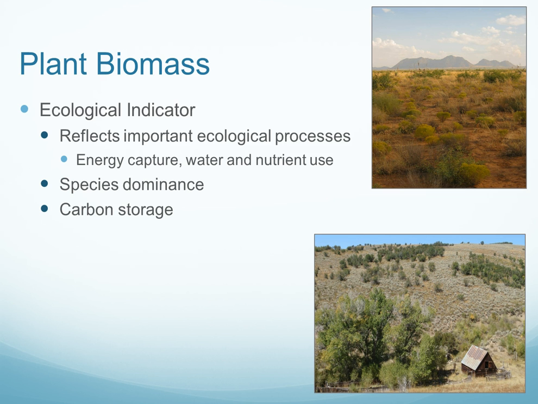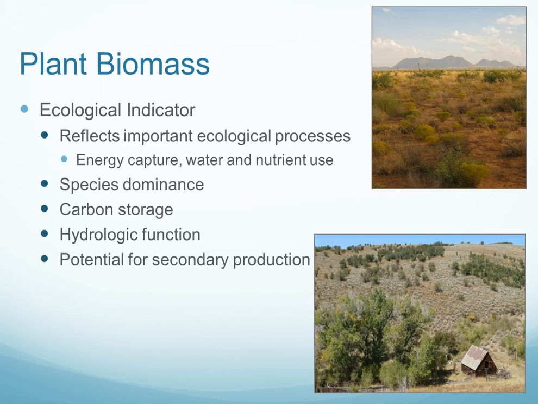Biomass can also provide information about the amount of carbon that is stored on a site. It's also informative about hydrologic function, as well as the potential for conversion of plant biomass to animal biomass, so secondary production.